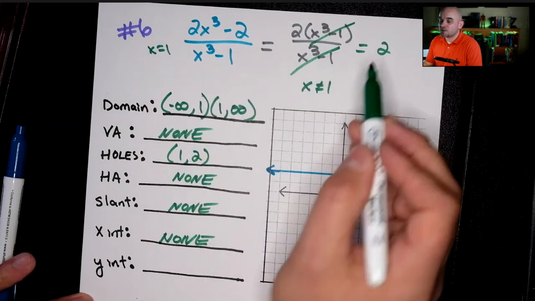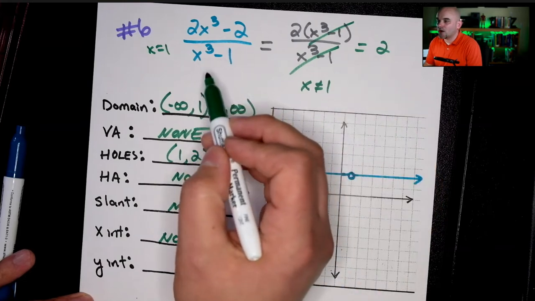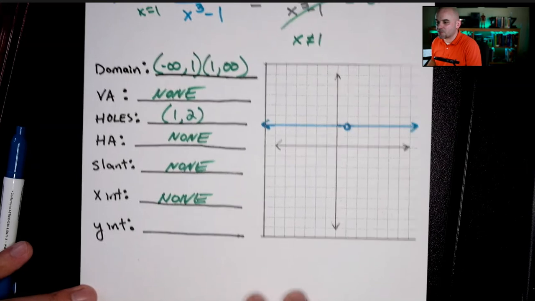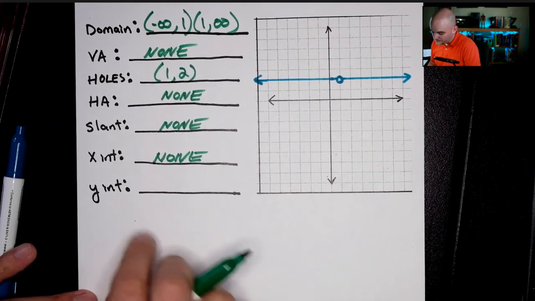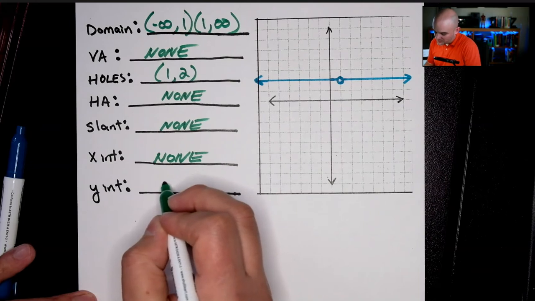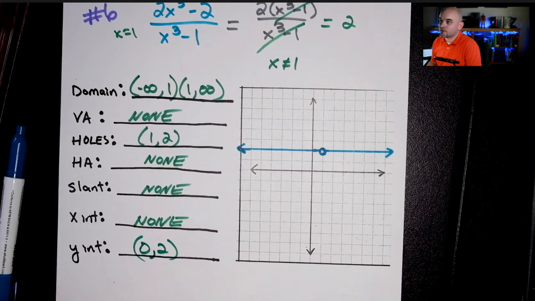So even though this simplifies to a horizontal line at 2, you can't ever let x equal 1. There's no x-intercept because you can't let x equal 1. The y-intercept happens right here at 2. So when x is 0, y equals 2. And there's our graph.